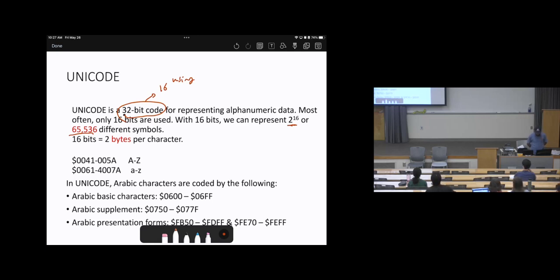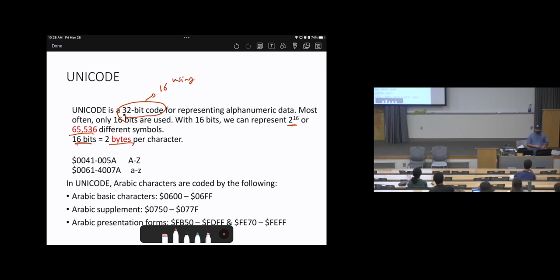Since we have this as 16 bits, which is 2 bytes, it can handle the English alphabet, and it can handle other languages. So using Unicode, ASCII code is still valid inside it.